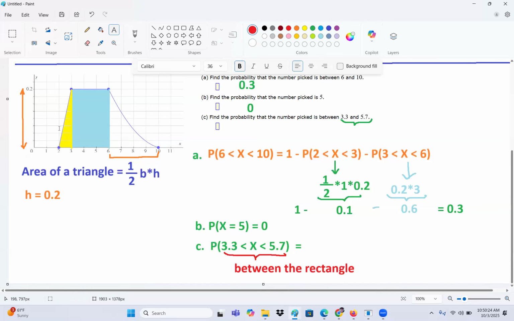We can simply take 5.7 minus 3.3, which is the length, times the height, which is 0.2.